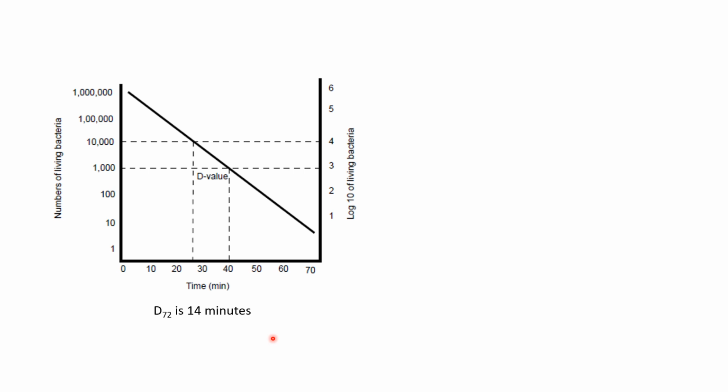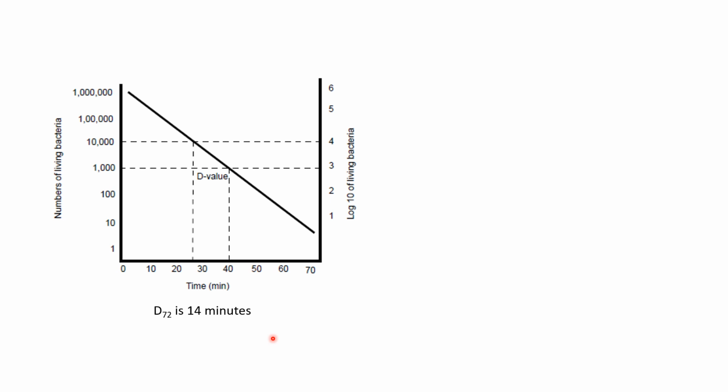Once D values have been determined for at least 3 temperatures, the Z value can be determined. The Z value measures the sensitivity of a microbe to a change in temperature and is defined as the amount of temperature increase necessary to decrease the D value tenfold.